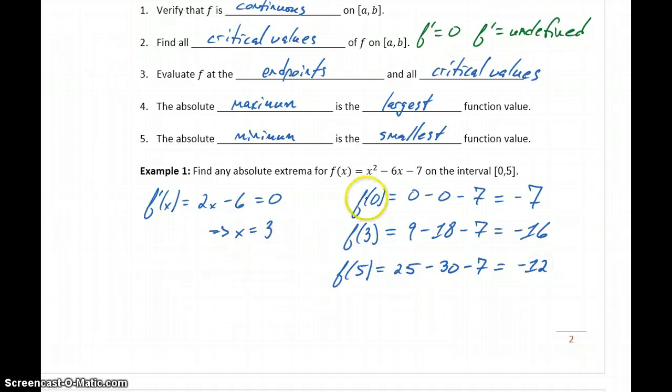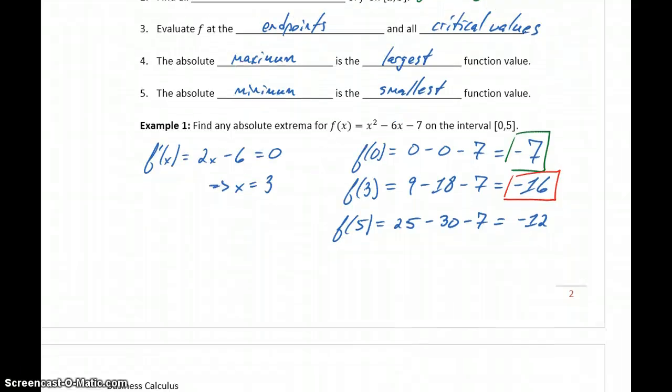So in this case we only had one critical value, so only 3 different points to consider. If we had more critical values, we'd have some more evaluating to do. What we can see is that negative 7 in this case is our largest function value. Negative 16 is the smallest function value.